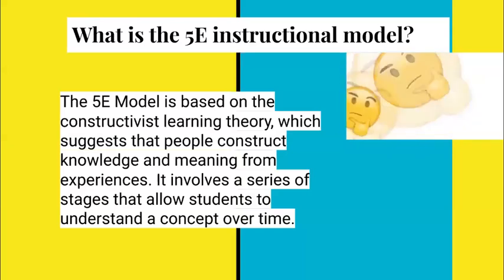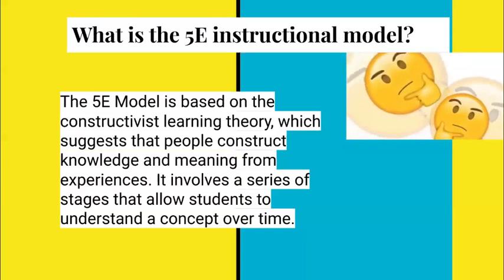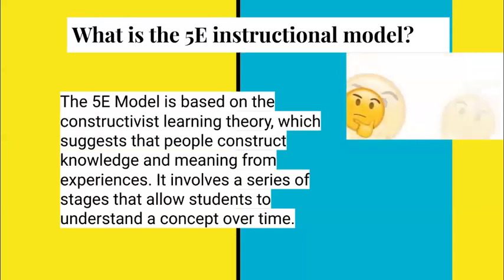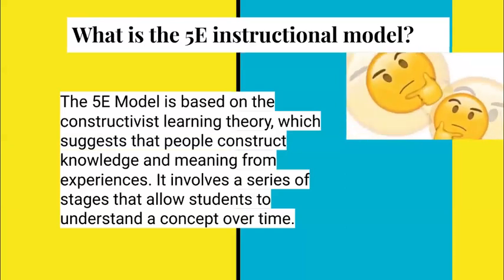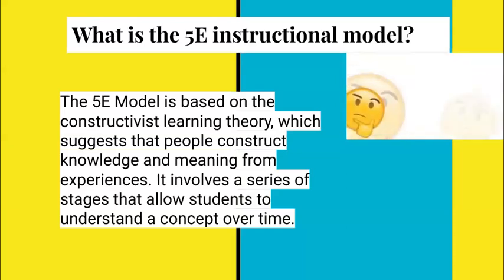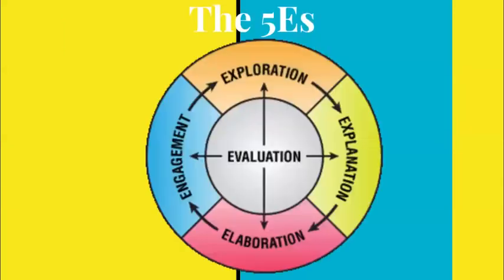So, with this strategy or with this model, it's progressive. It's not just come and push, you give the content all at once, but you take the students through a series of steps. So, as the name suggests, 5E, there are five components of this model, and they all begin with E. So, first, we start in the blue, which is our engagement.